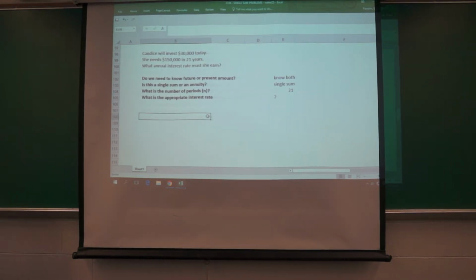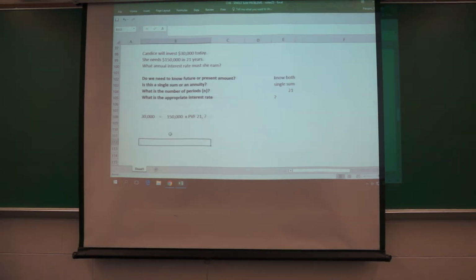You might say, okay, so we've got 30,000 today, and that's going to be equal to 150,000 in the future times the present value factor of 21 periods and an unknown interest rate. So that's how you set up the problem.